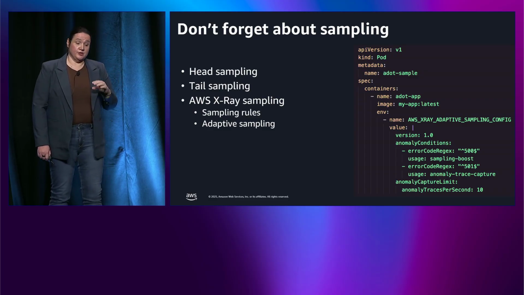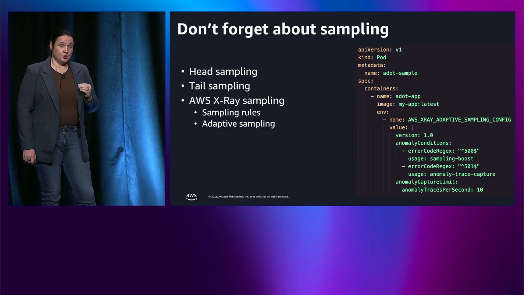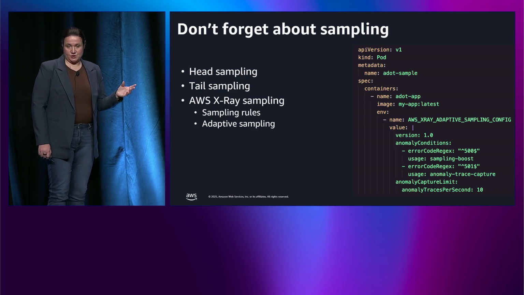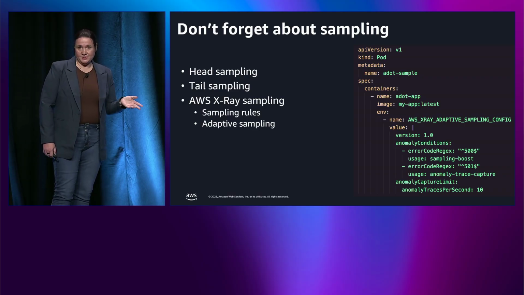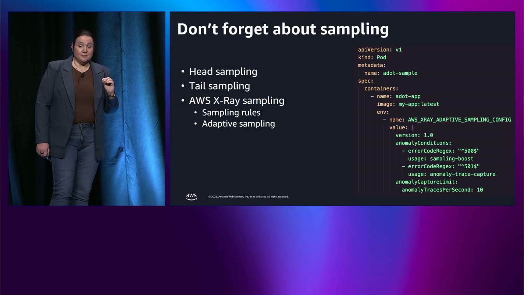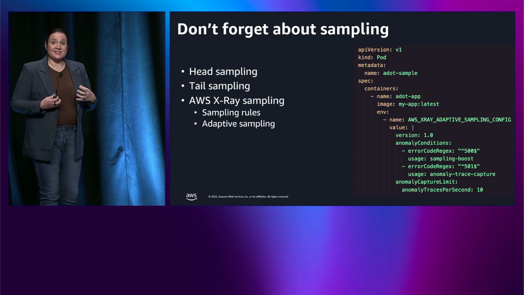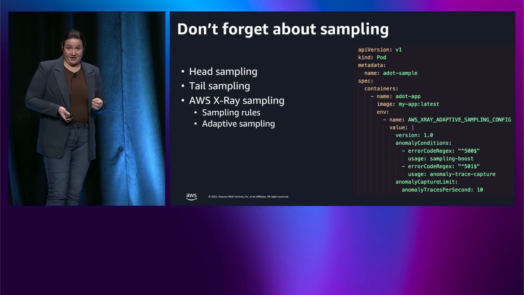Another way to control sampling would be to set rules on the AWS X-ray side of things. So you can create sampling rules, and then your collector will make decisions based on them. Now, X-ray now supports adaptive sampling. And what that means is that it will sample extra traces under certain conditions that you have defined.